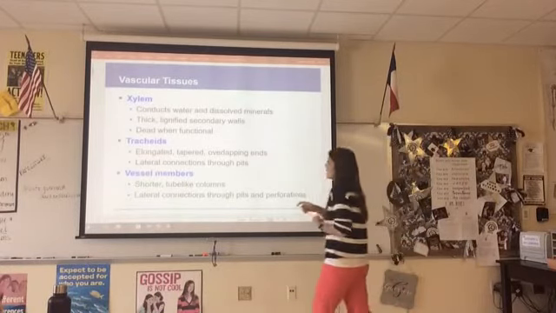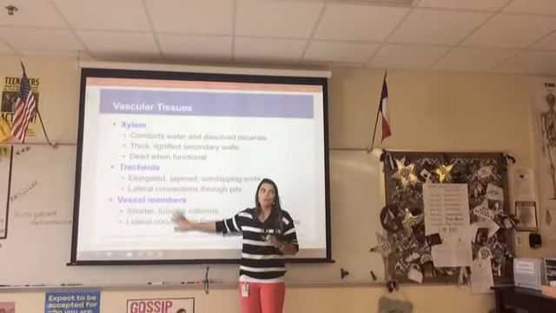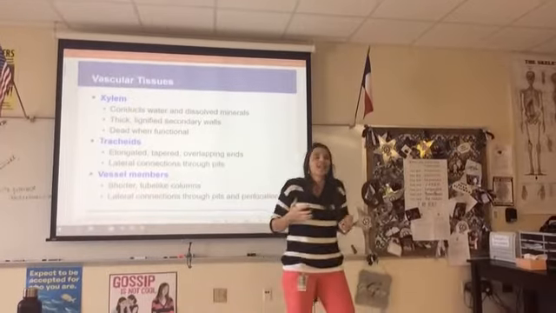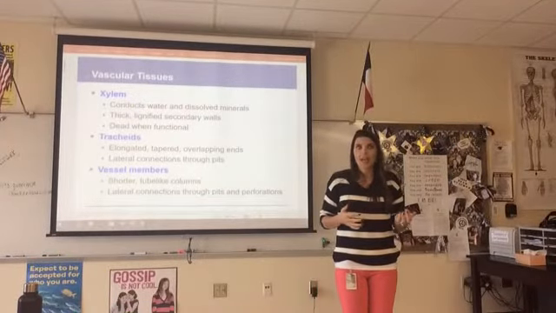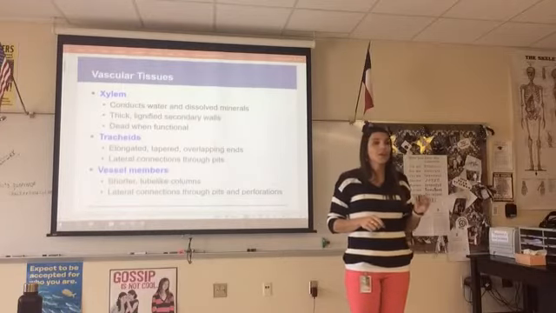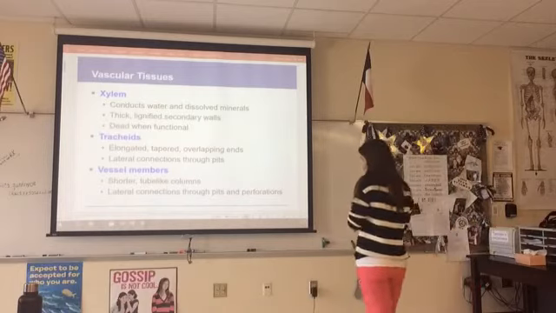So xylem is made up of tracheids and vessel elements. So if you see tracheids or vessel elements, I need you to recognize that that's specifically talking about xylem. And xylem is responsible for transporting what? Water. In which direction? Up. Very good. Okay.